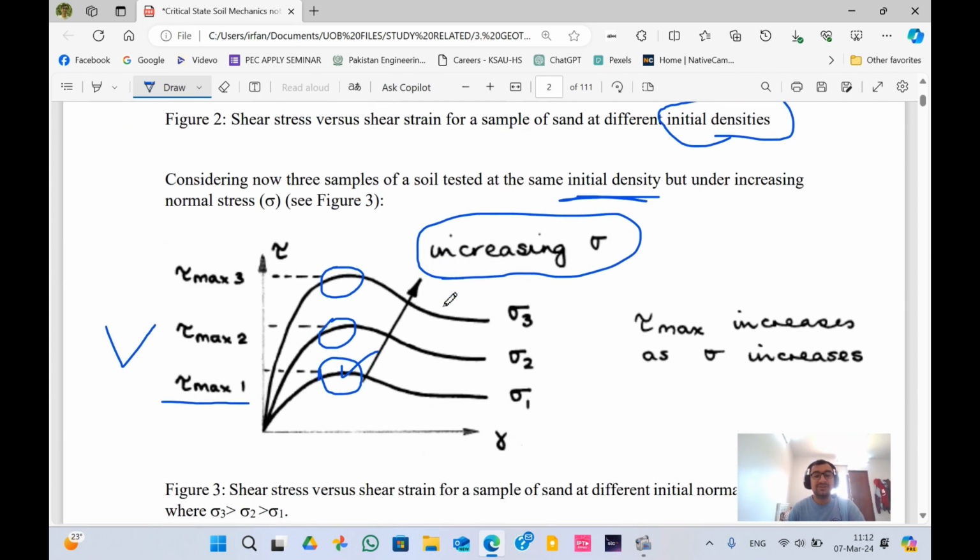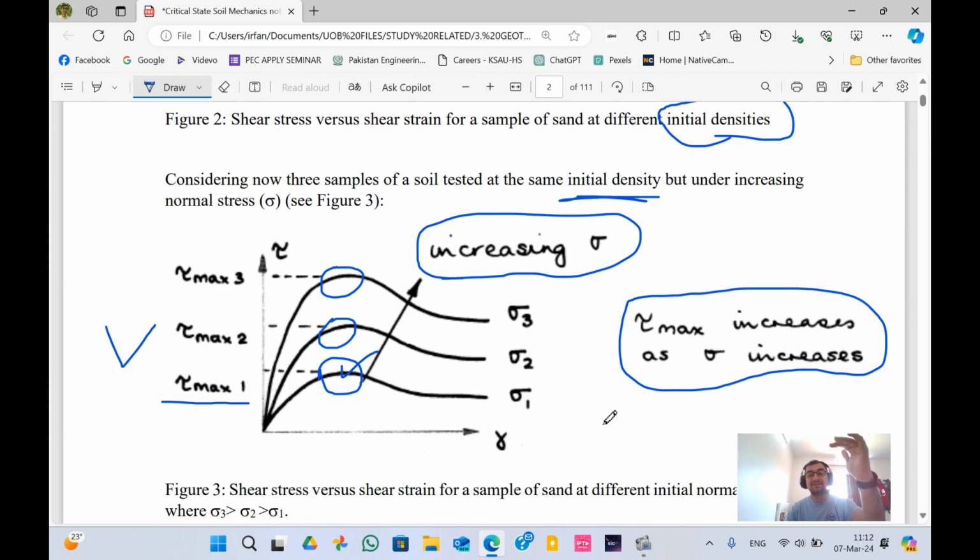Now, this is what I wanted to share. And shear maximum increases as normal force increases. So this means that if you are increasing the normal force on that particular soil sample, the shear maximum will keep on increasing. This is what happens in a test. If you're testing the soil sample, this is the behavior of the soil sample.